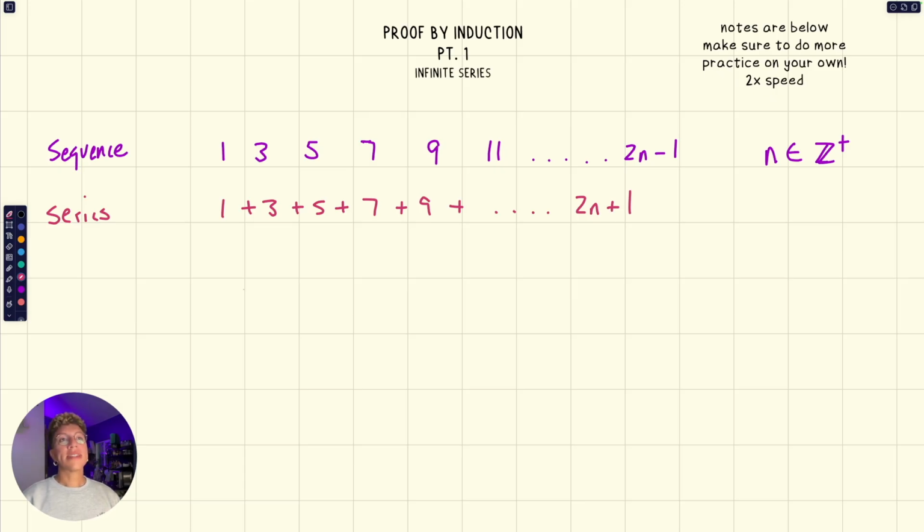This here we could say in sigma notation as well: there's some number i that starts at 1, and it's going up to n, whatever we decide n to be. And our formula is 2i minus 1. And what we can say is that the sum of all those terms looks like it could be related to perfect squares somehow.